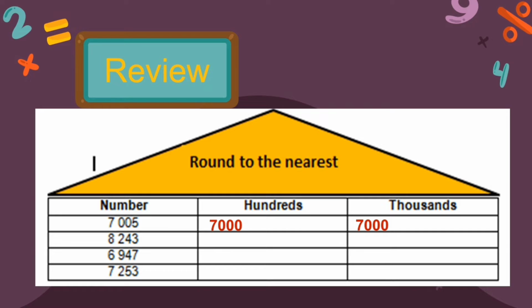Next, 8,243. Round to the nearest hundreds. Correct, 8,200. How about round to the nearest thousands? 8,000. Correct. Next number, 6,947. Round to the nearest hundreds.